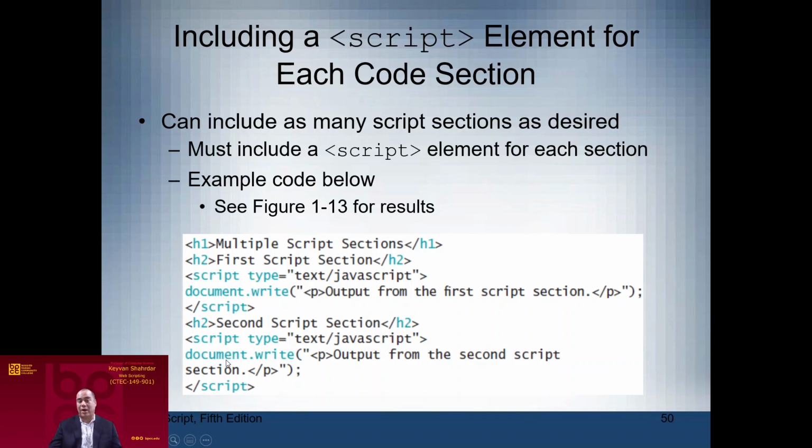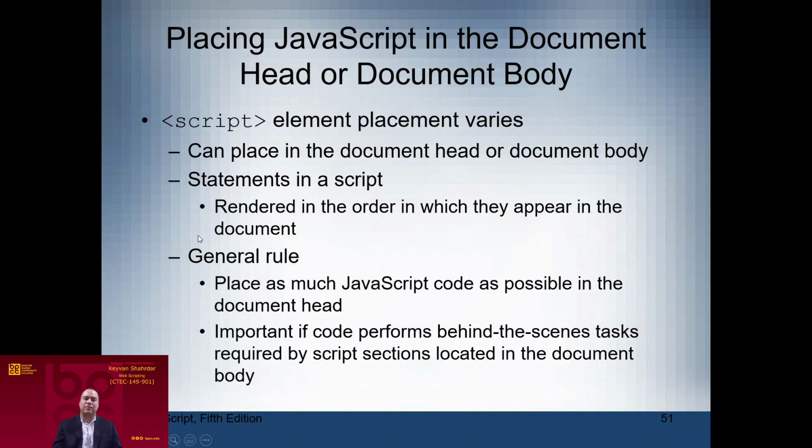You could just have one script for both, but you could have them separate as well. Element placement varies. You can place it in the document head or document body. Statements in a script are rendered in the order in which they appear in the document. So that means up and down, left to right. So if you have a script first, that script will run before any other script runs.